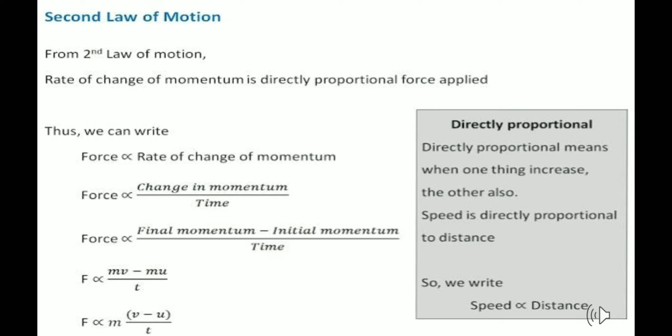Final momentum minus initial momentum, that is the change in momentum, divided by time. In a given time span, whatever is the change in momentum, that is directly proportional to force. Yes? You know the meaning of directly proportional now.